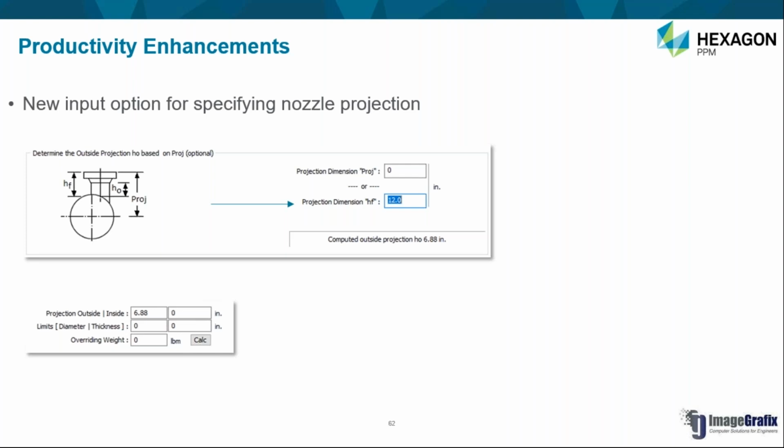So in this version, you can just type in the HF value, and when you press OK, earlier this was not there. You needed to enter only the projected value. Based on the projected value, the software was calculating the outside projection. But now in this version, if you enter the HF value, the outside projection that the software really wants will be calculated for you.